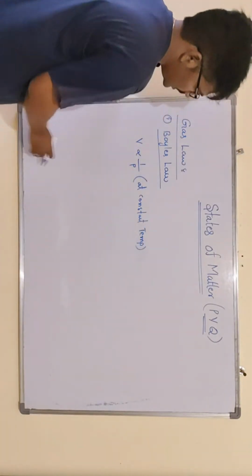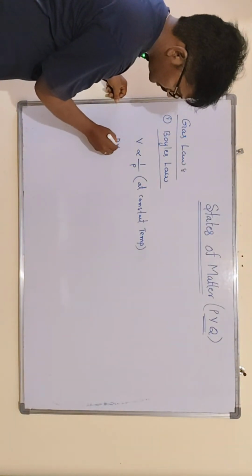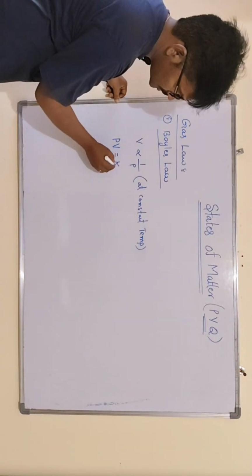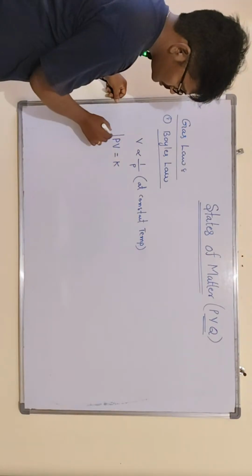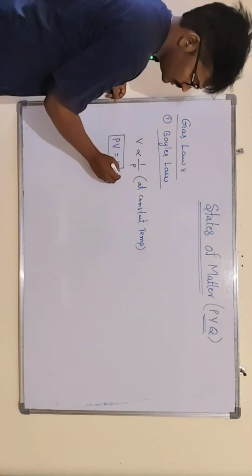If you take pressure to this side, then PV, removing the proportionality, you get a constant. So the product of pressure and volume is also constant.